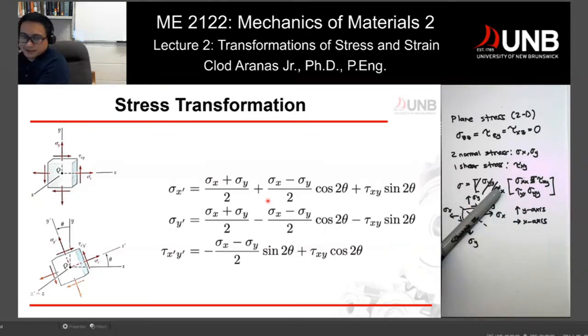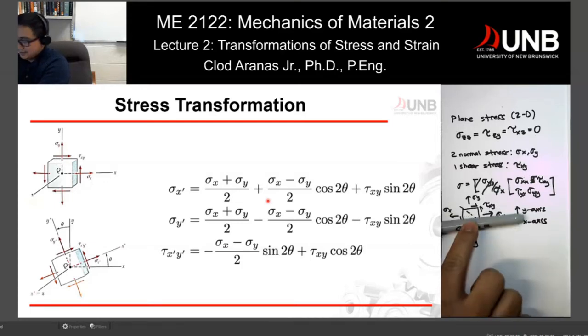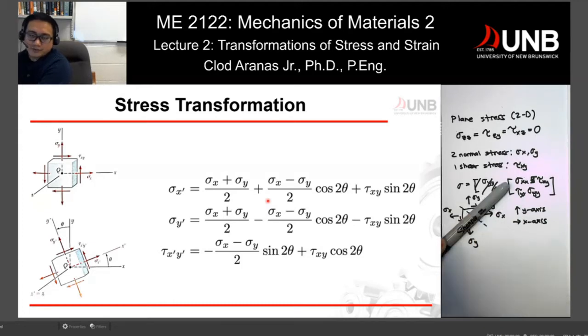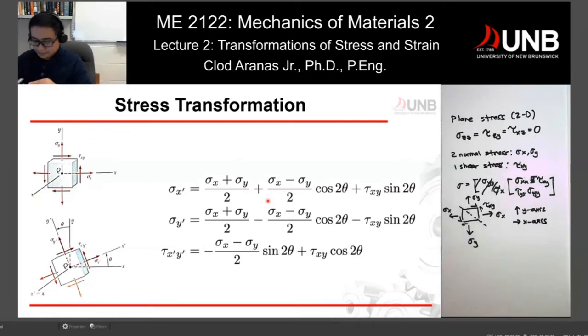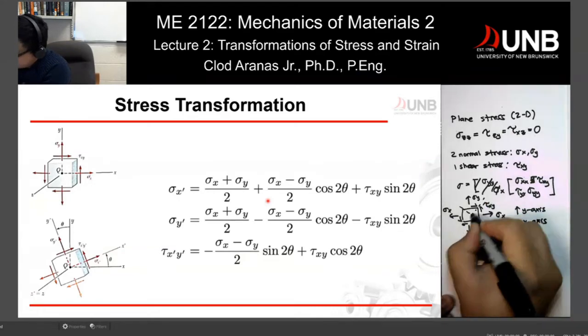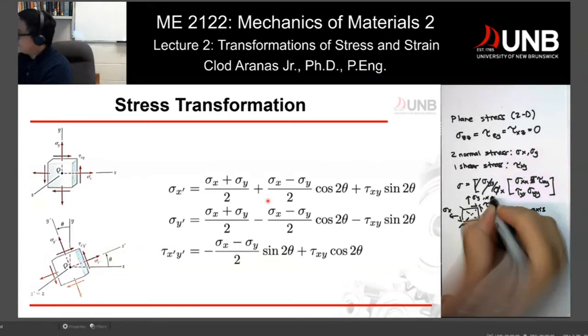So let's say you want to get the stresses at that certain rotation. Now, this is sigma x, and then you rotate it at a certain angle. Of course, your y-axis would also rotate. So this would be your y prime, and then this would be your x prime.